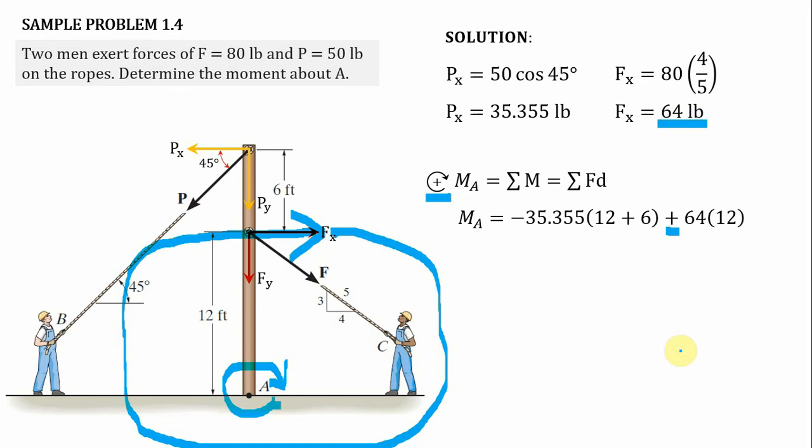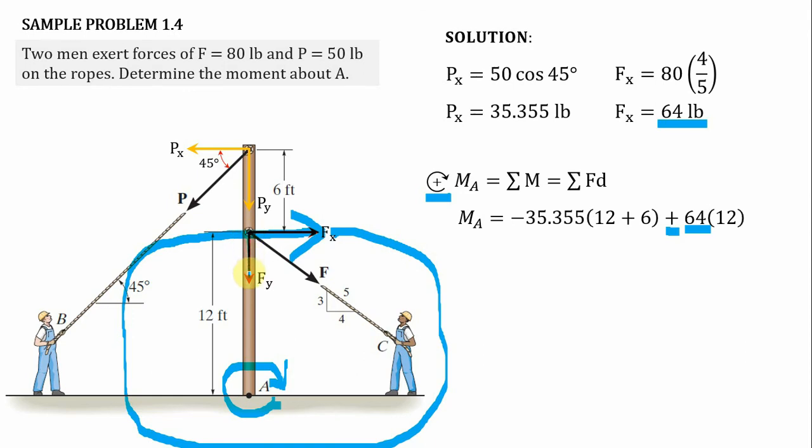That is 64 pounds. What is the moment arm from the line of action of Fx? What is the moment arm?